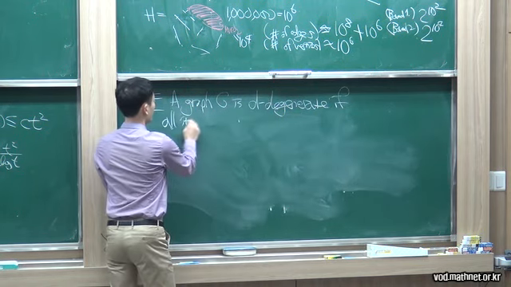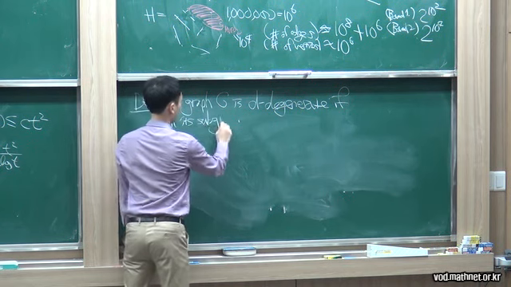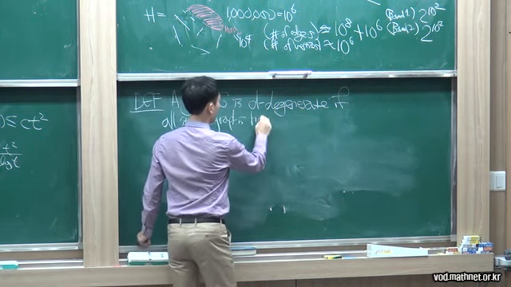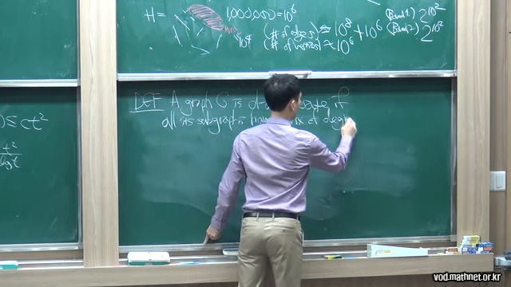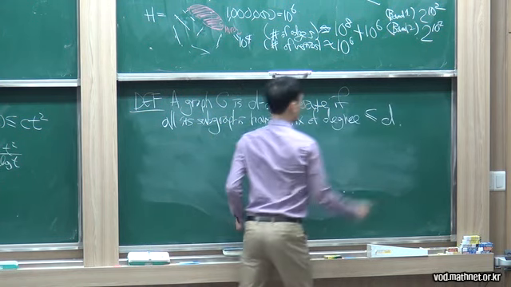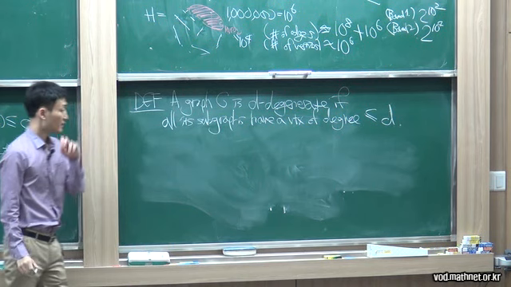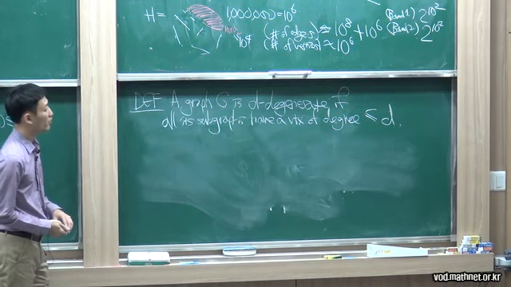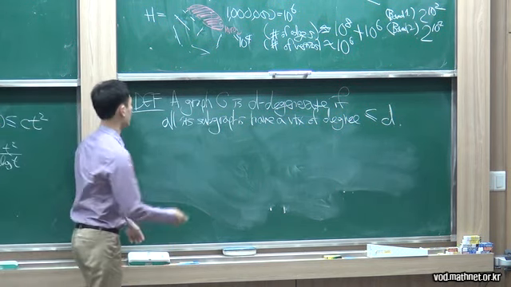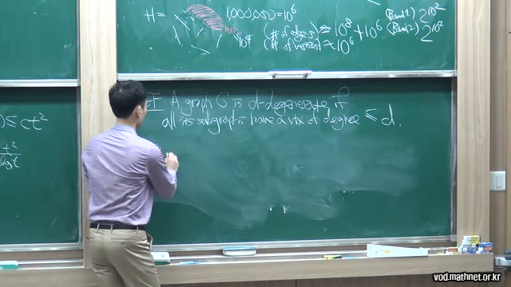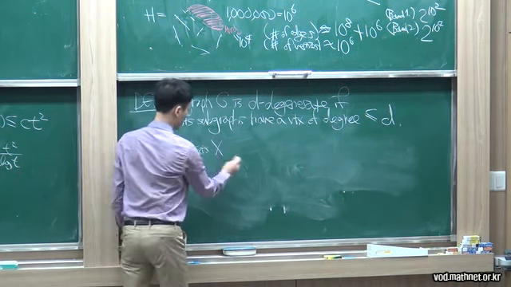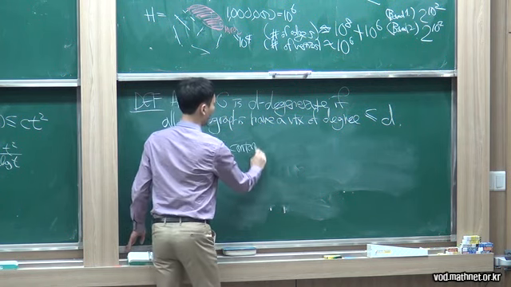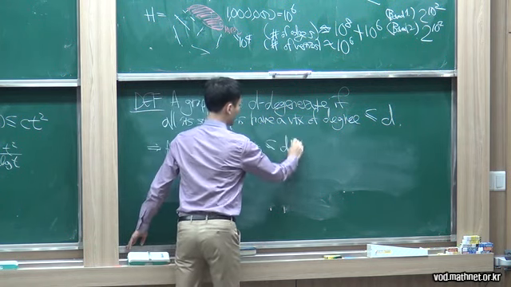All its subgraphs have a vertex of degree at most d. And actually a better way to see it is, this implies that all subsets X contain at most d times |X| edges.